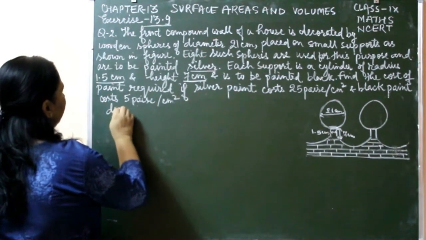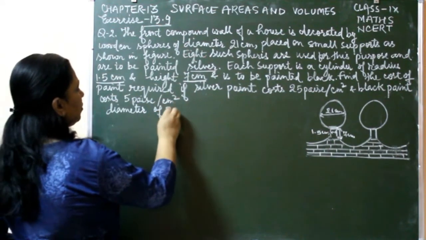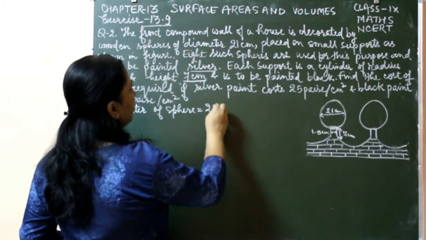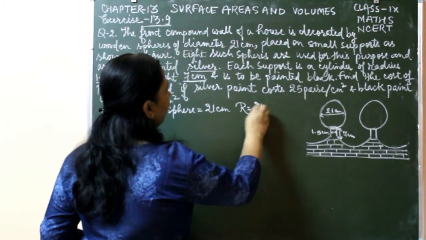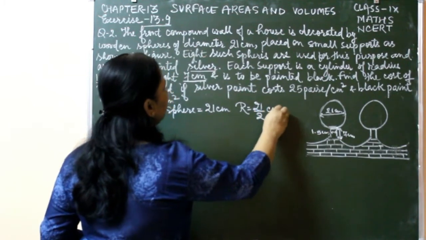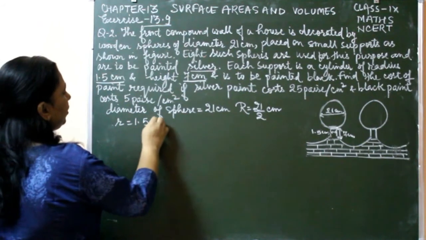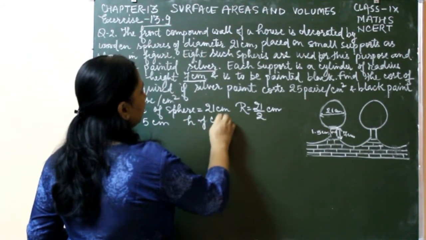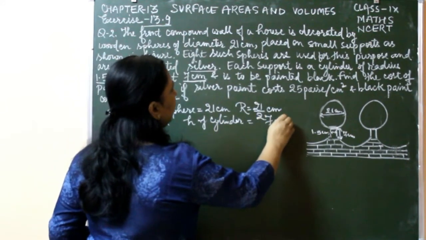Diameter of sphere is given 21 centimeter. The radius of the sphere will be 21 upon 2 centimeter. And the radius small r is given 1.5 centimeter and the height of the cylinder is given 7 centimeter.